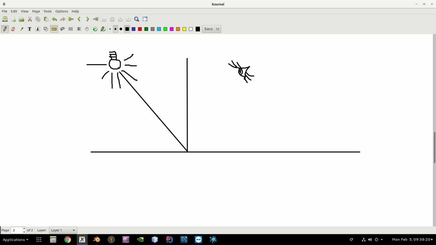The incidence angle is created with the surface normal. And the reflection angle is not going to be like this, not like this, but it's going to be quite equal. I can't really measure that, but let us just assume that it's equal. So what I'm saying is that over here, the incidence angle I is equal to the reflection angle R. We studied that as the law of reflection.